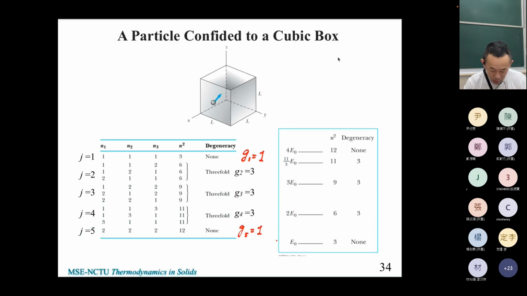Okay, right. So now you can calculate by yourself for all the levels, and you can get the energy values. All right. So yeah.